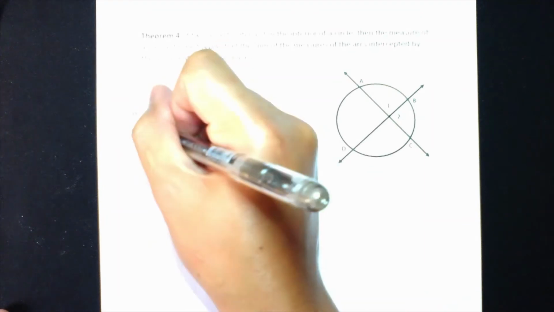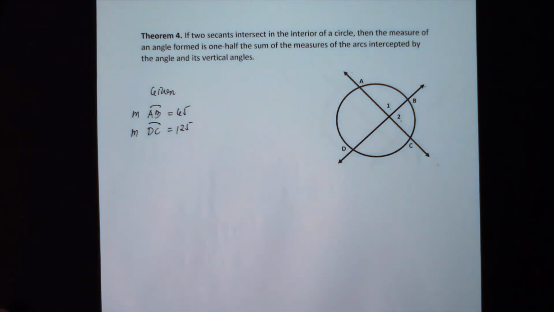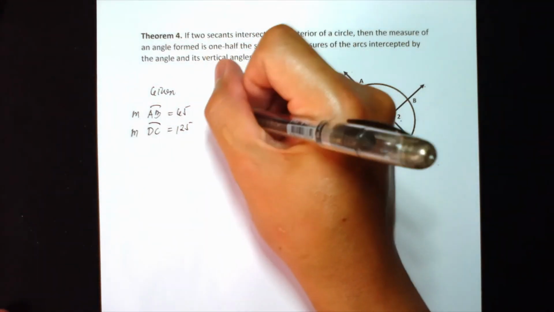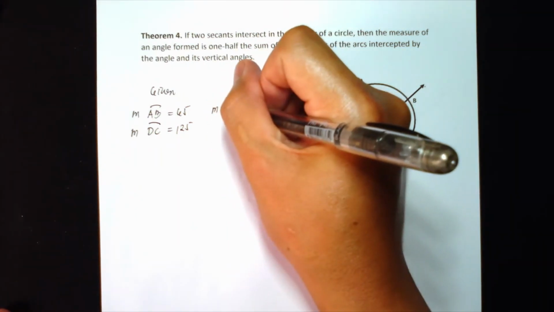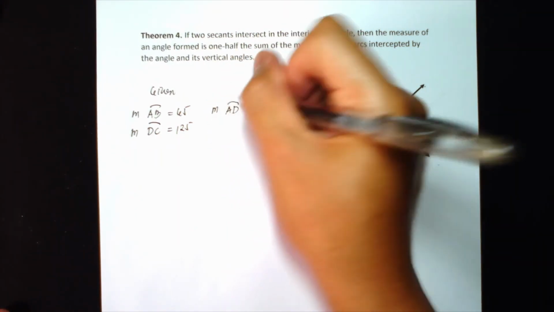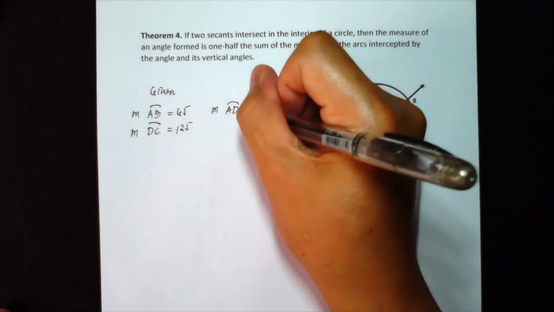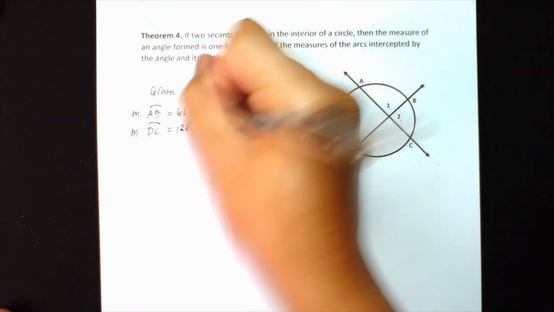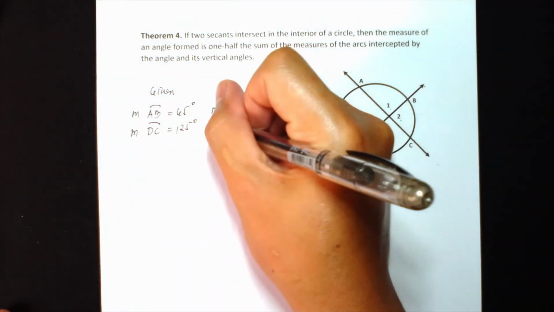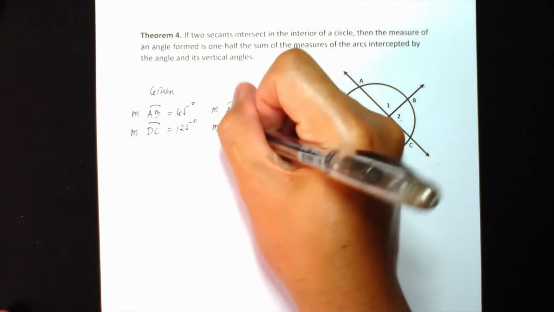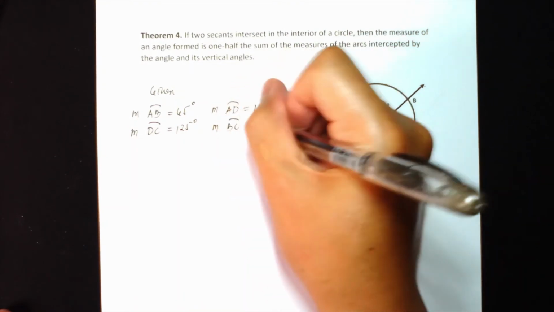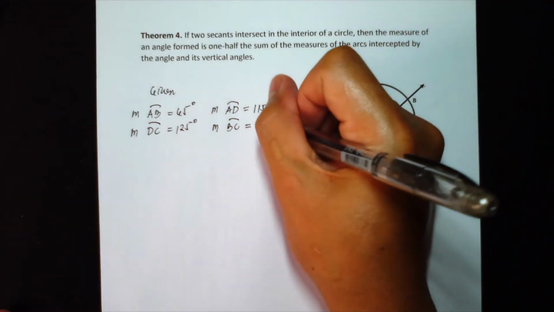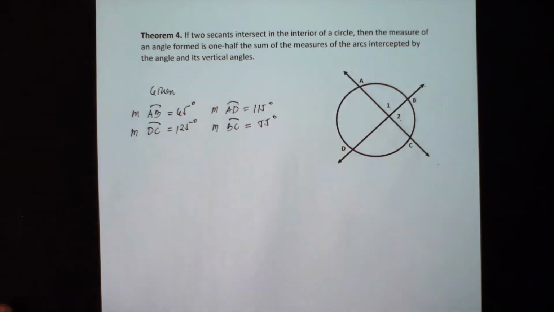The measurement of arc DC is equal to 125, and arc AD is equal to 115 degrees. Then arc BC is equal to 55 degrees.